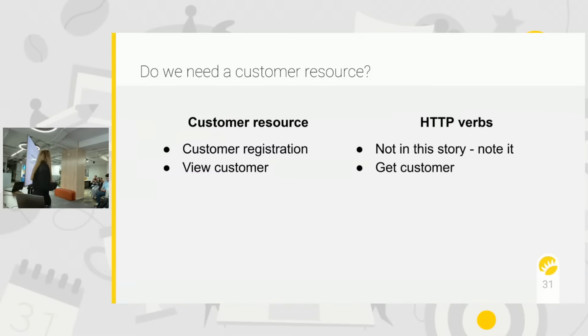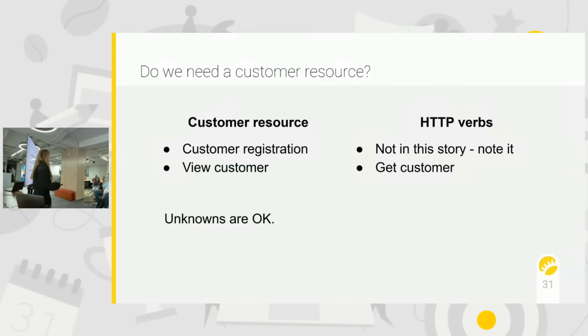So let's think that customer registration is our first sprint. We did customer registration, and then we proceed with books, view items, etc. But view customer, yes. For example, a sales clerk can call get customer to see customer details for shipment, I guess.